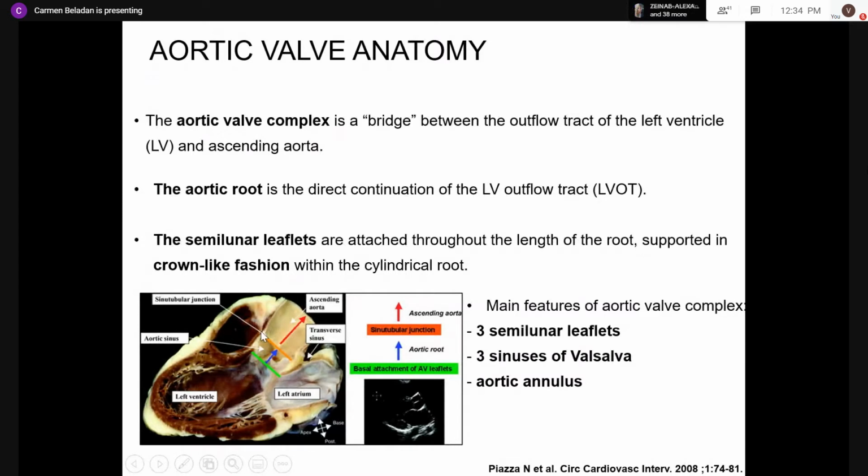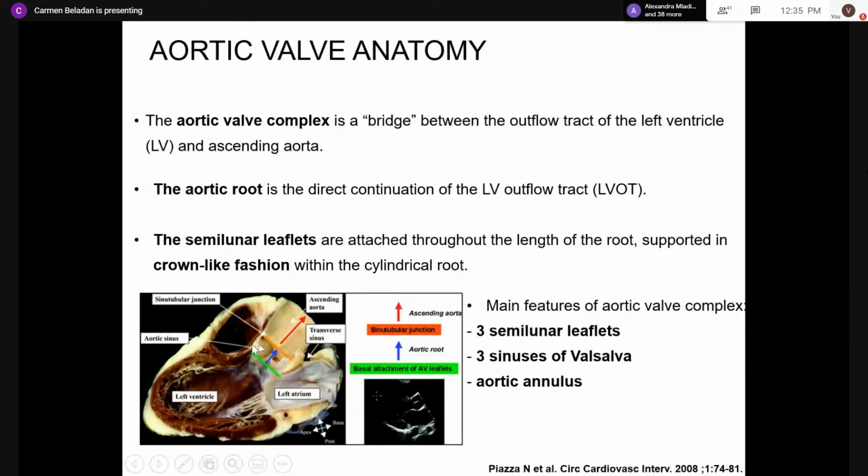The aortic root, this is the aortic root. We have the sinuses of Valsalva here and here, and it is the direct continuation of the left ventricular outflow tract. So the LVOT is continued by the aortic root.